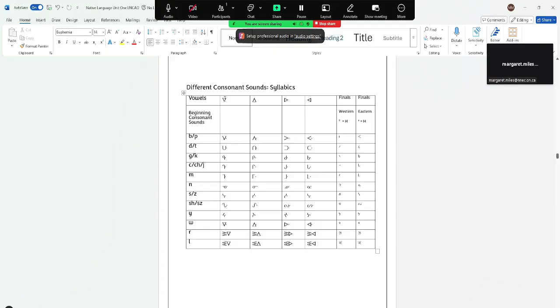So the first one again is the vowels, A, E, O, A, and the consonant sounds on the left hand side.